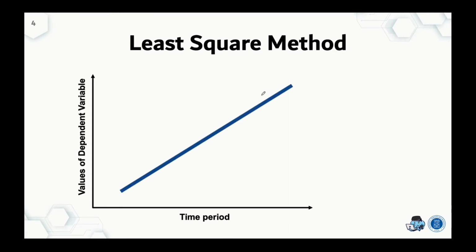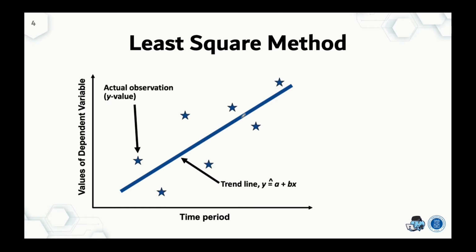With the least square method, consider this situation in this figure. These many stars in here are the actual observations of y value.